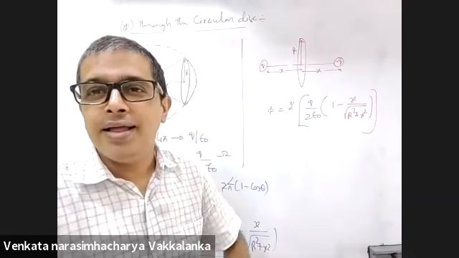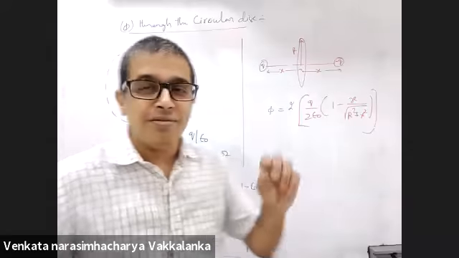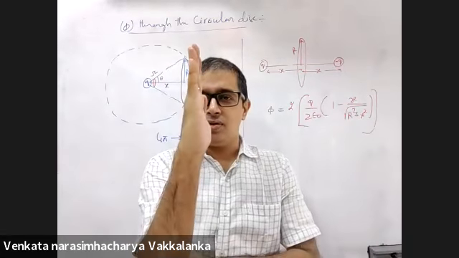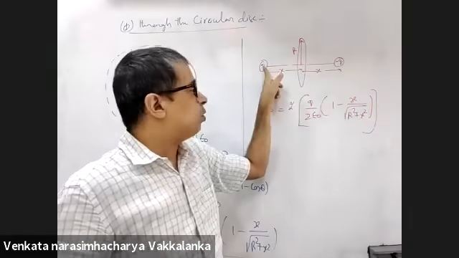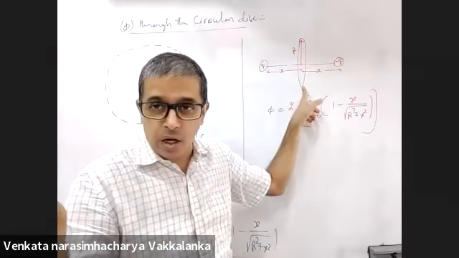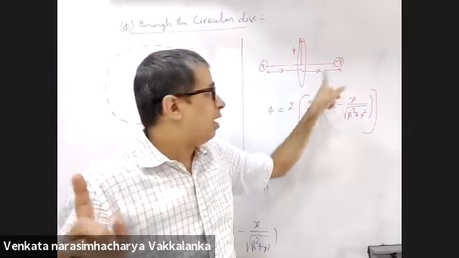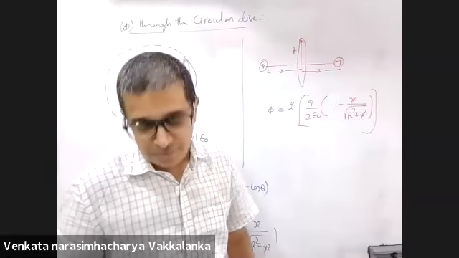Yes or no? Sir, can you please repeat that? When I have q and q here, what will be the flux through this disk? 0. So I can add q and q here and the flux through this will not change. I add a q here, I add a q here. Flux will not change.